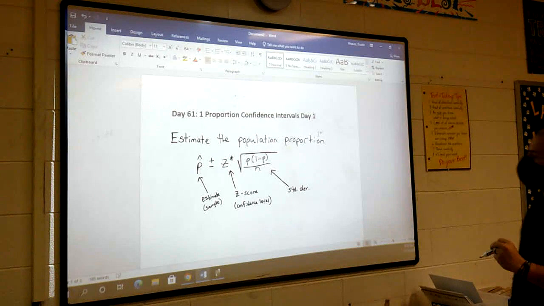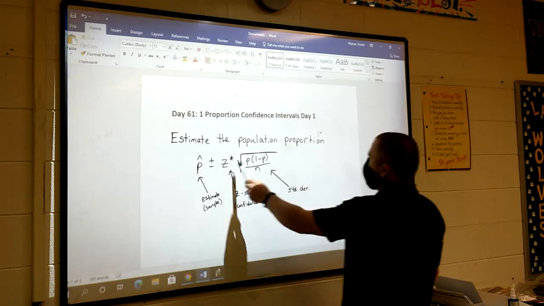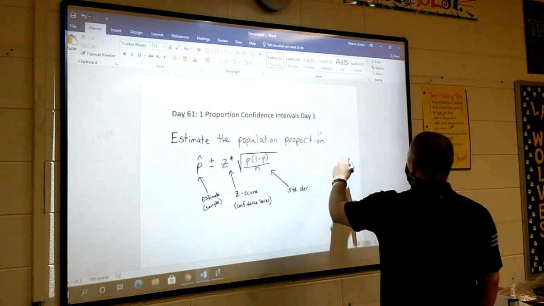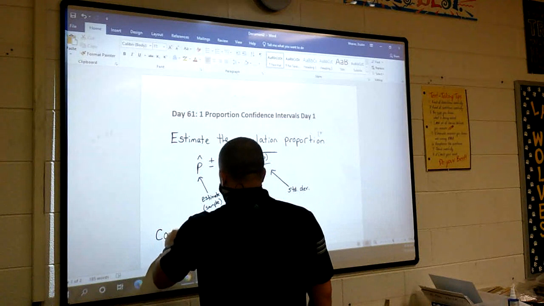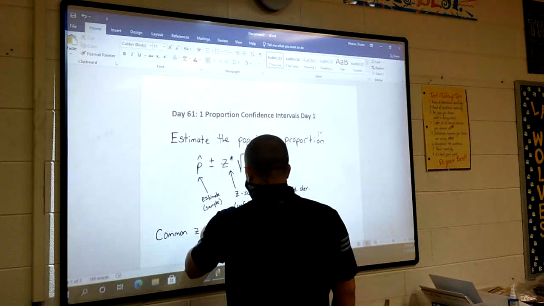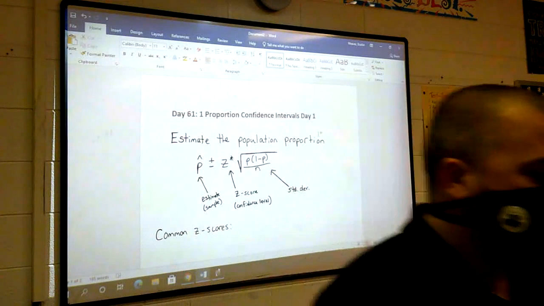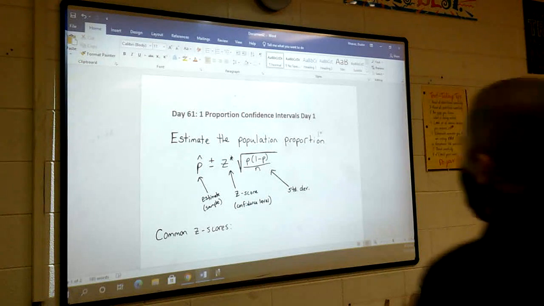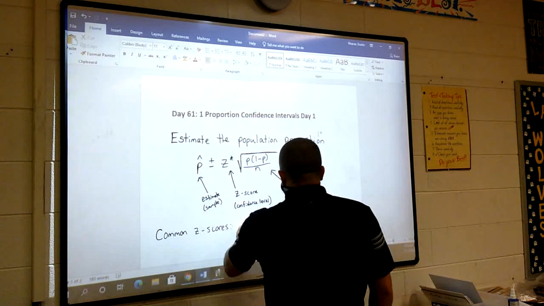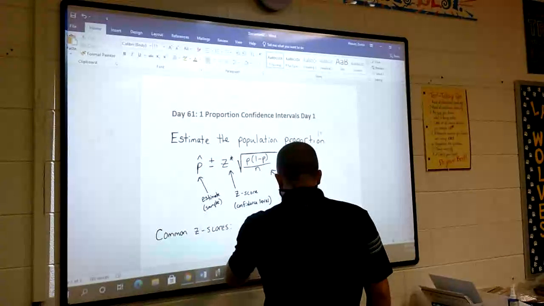All right, so we need to talk about some common z-scores, because these are in there and you need to know some very common z-scores. I'll write this down below. These are common z-scores. It's typically how confident we want to be that you see in a textbook or in a problem. Typically, you're wanting to be 90% confident, 95% confident, or 99% confident.